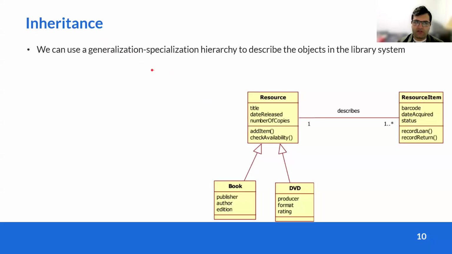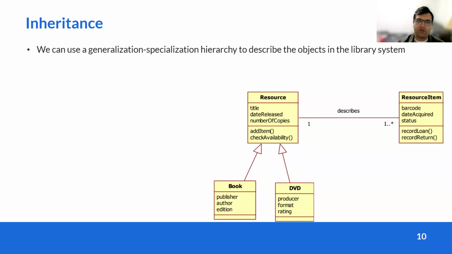Next you have inheritance. Inheritance comes into play when you have two classes that have very similar attributes. For example, in our system, students can borrow resources. But there are two types of resources: you have books and you have DVDs.